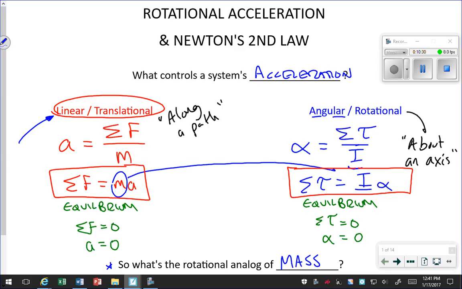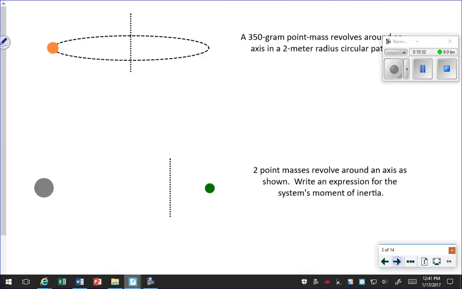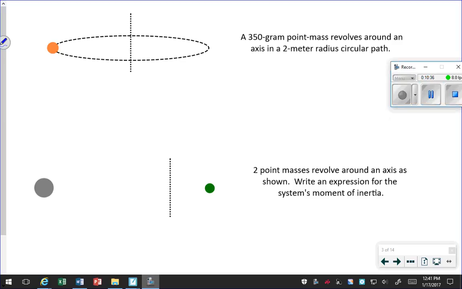Okay? Let's talk a little bit more about rotational inertia. Here's one you really want to calculate, I guess. Here's an object that revolves about an axis, and it's a point mass, and we have a radius.